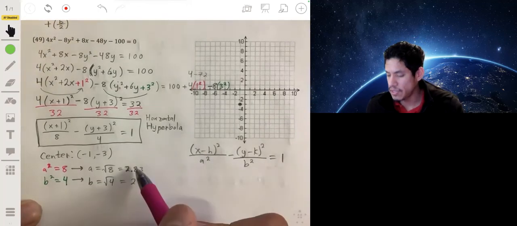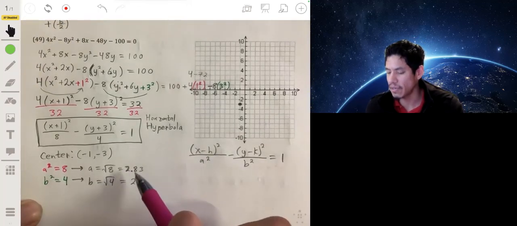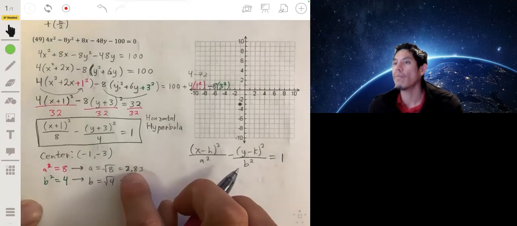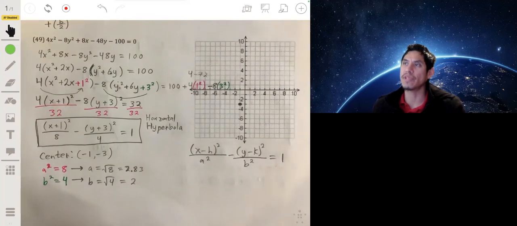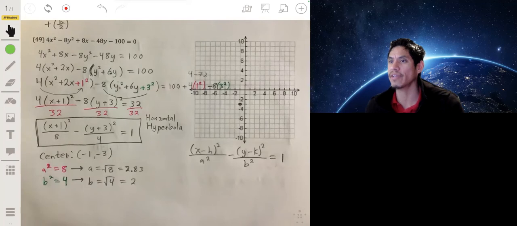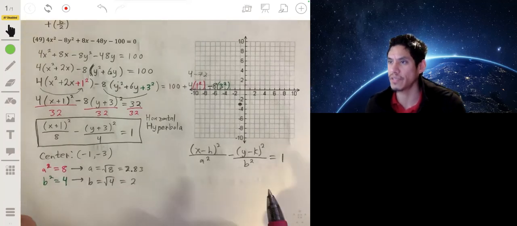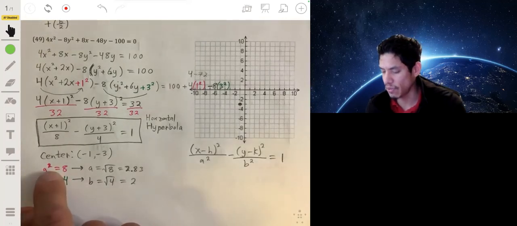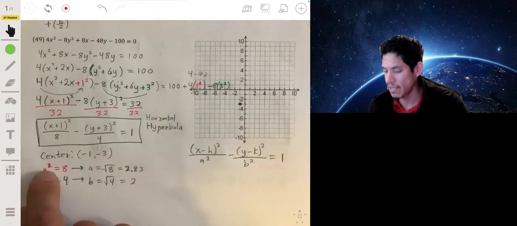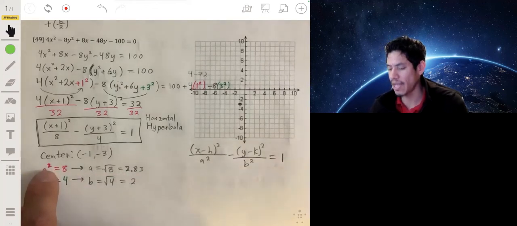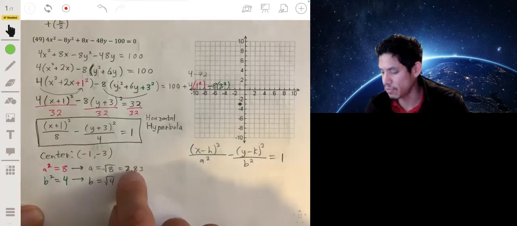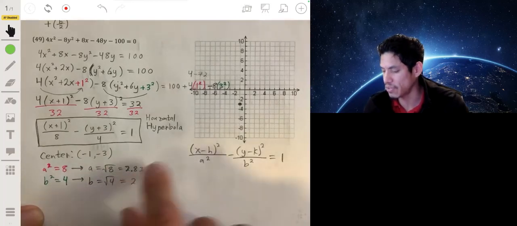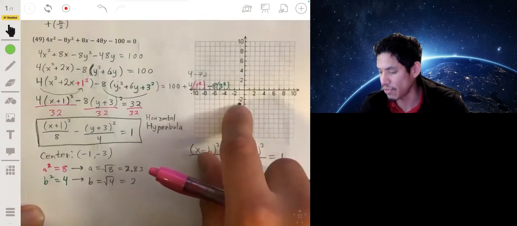Now, these values tell you how much to move from the center, either horizontally or vertically, and that's going to help you plot your co-vertices and vertices. So since this is a horizontal hyperbola, the a values are going to help you figure out where your vertices are. So you're going to move horizontally 2.83 units from the center to the left and right.